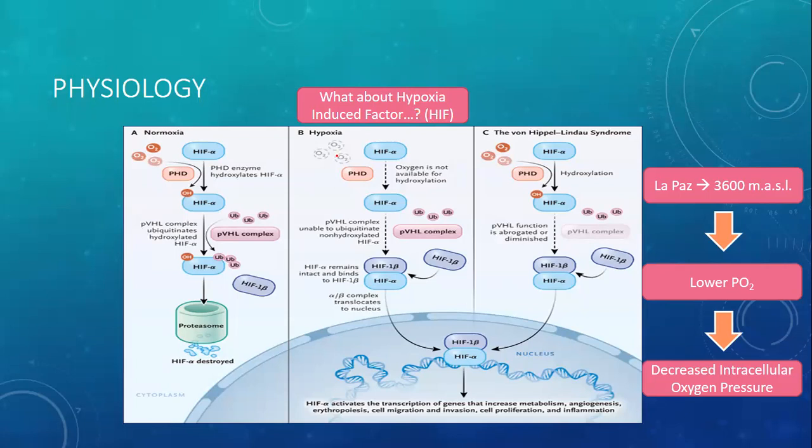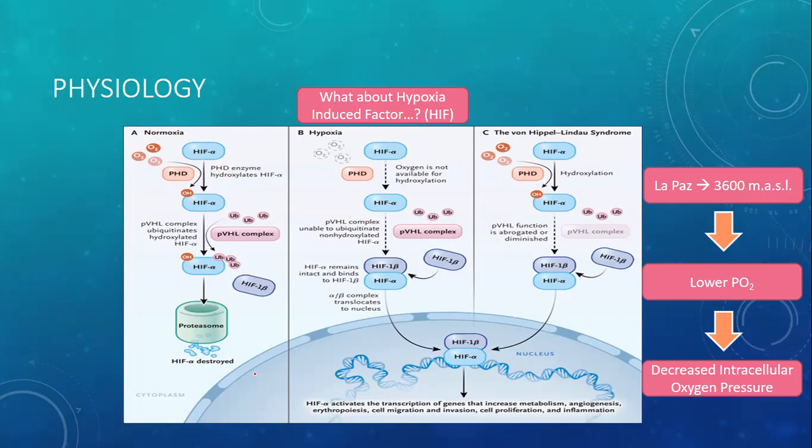So here we have this drawing, in which what I care about the most are letters A and B. When we have normoxia, which is the normal concentration of oxygen, this is what happens.